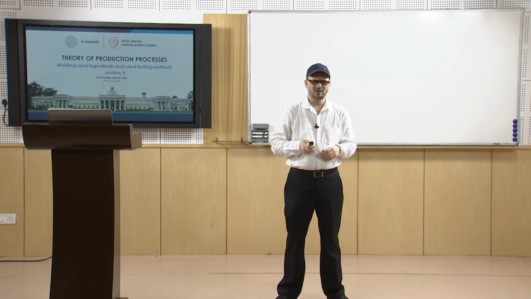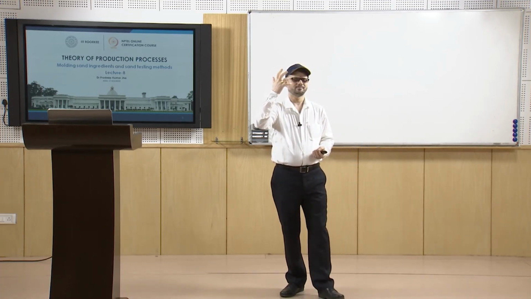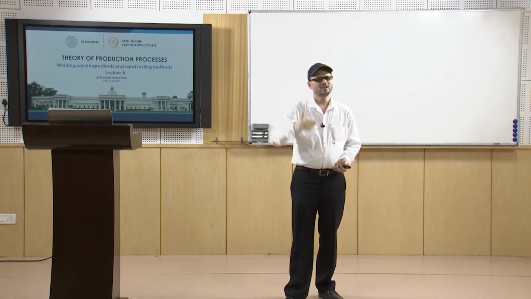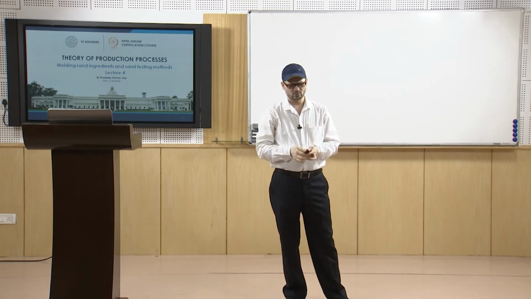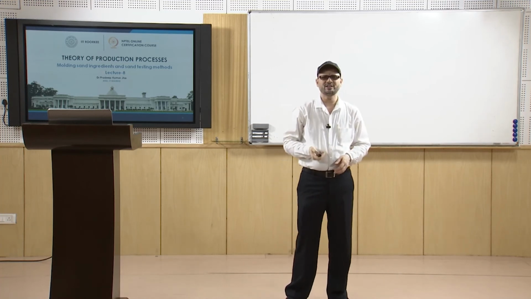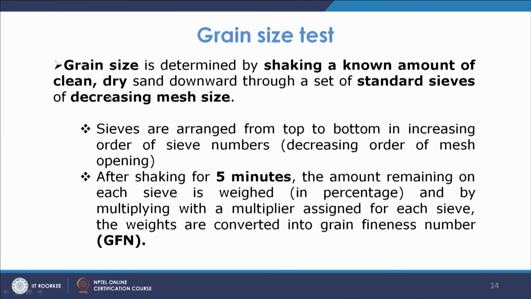Then you have a certain quantity of sand, and you put the sand on the top sieve. The sieves are arranged from top to bottom in increasing order of sieve numbers and decreasing order of mesh opening.